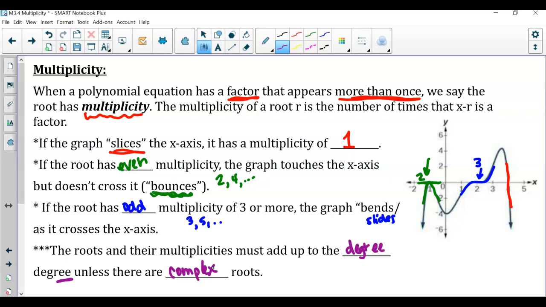So the roots must always add up to the degree of the polynomial unless there are complex roots. In this case, this graph has a degree of 6. Even though there are only 3 roots, it has a degree of 6.